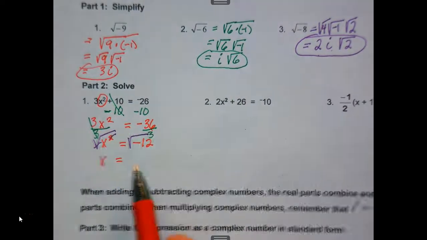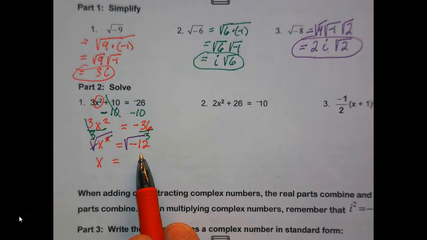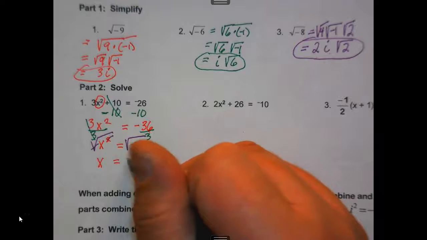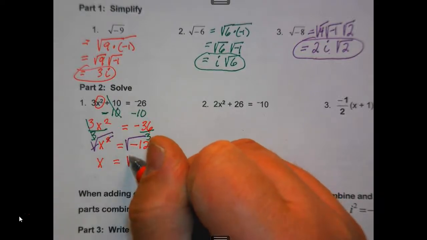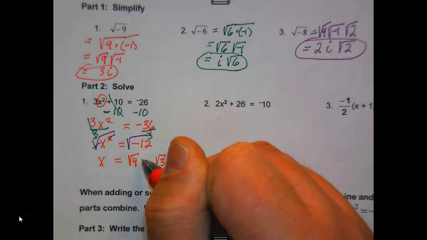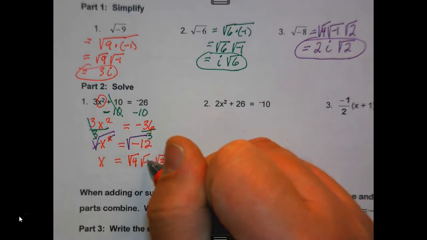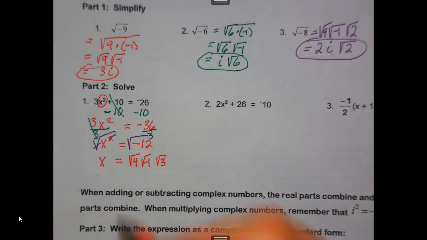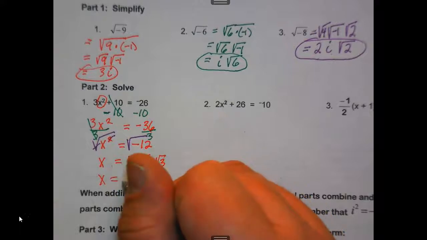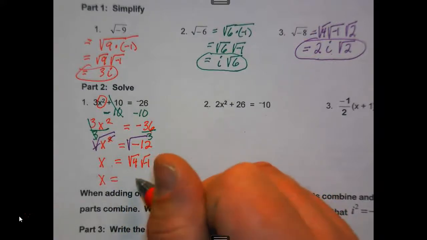Okay, let's simplify this a little bit. Which one has a perfect square? 3 and 4. So I'm going to put my perfect square first. Square root of 4, square root of 3, and then my i is going to go in between them, right? Now, be careful here. We're solving an equation, so we need our plus and minus, right?